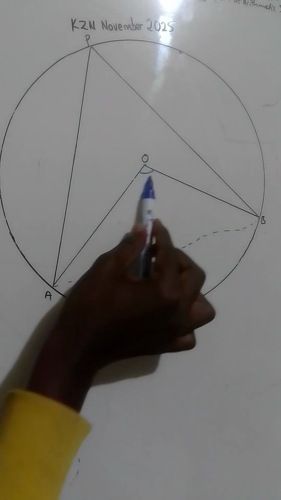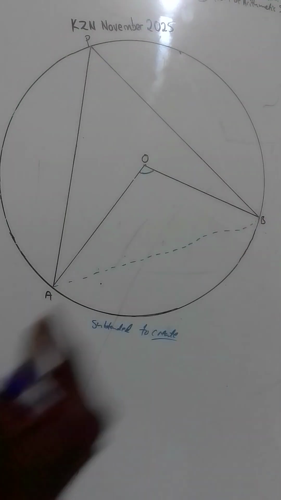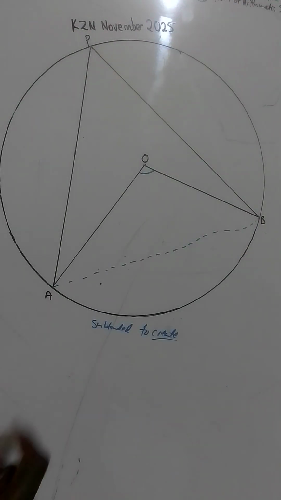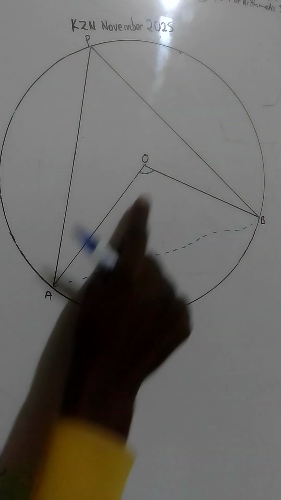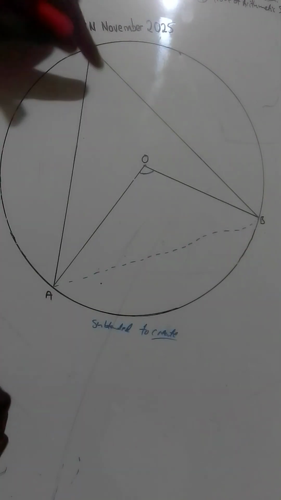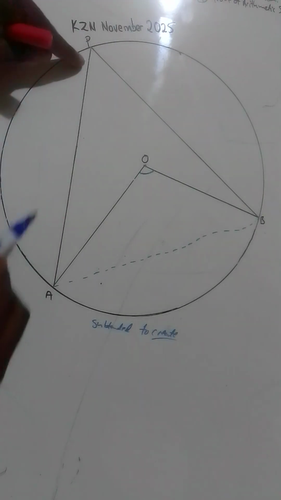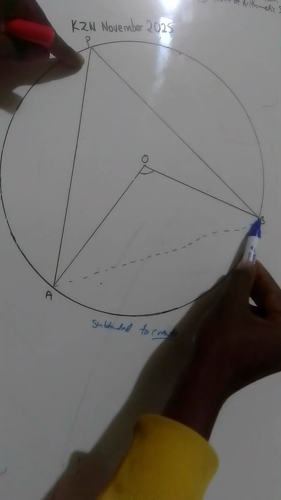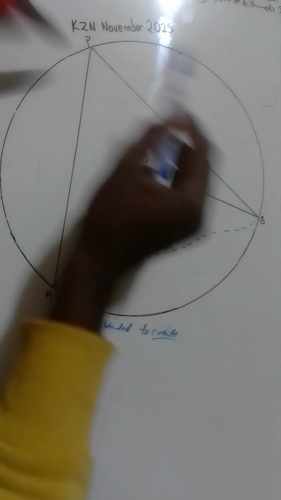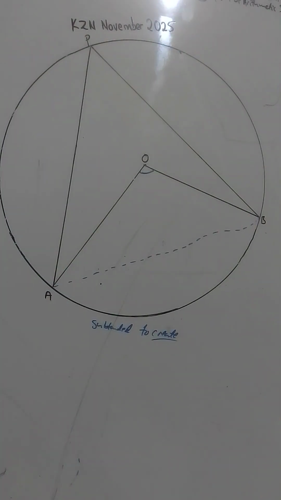The parent of this angle O is this chord AB, but AB is not a parent to angle O only. It is also the parent to angle P here. If I follow from point A to P, and from point B, there is another angle here.